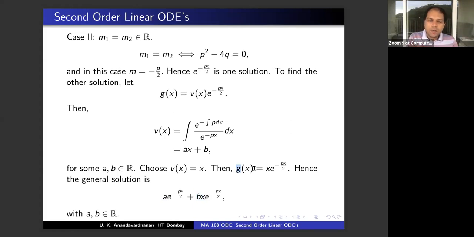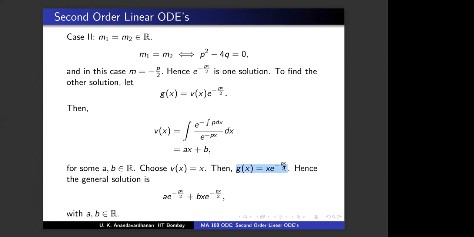See, this was a method to find just one solution which is linearly independent from the given f(x). Once you get one solution, what is the general solution? Do you agree that e power minus px by 2 and x e power minus px by 2 form a linearly independent set? Yes, sir. Both are solutions and they are linearly independent.